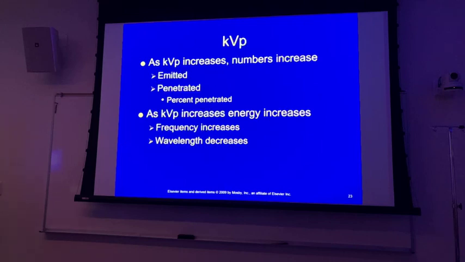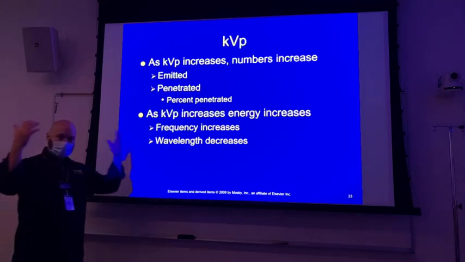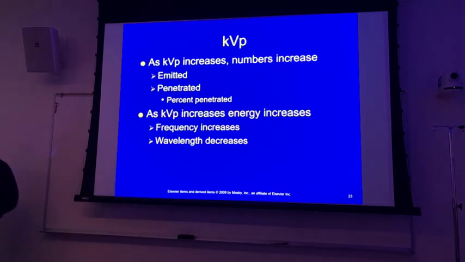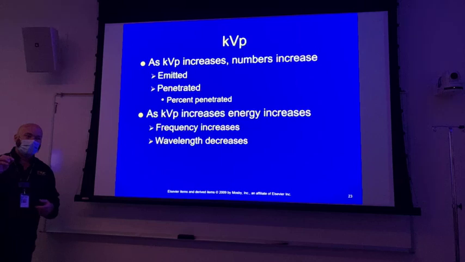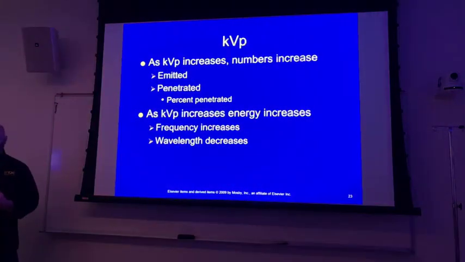All right, so as kVp goes up on your BREM spectrum, the peak of your BREM spectrum goes up, you get an increase in numbers. That's an increase in numbers emitted from the tube housing and the collimator housing, providing you don't do anything else, right?